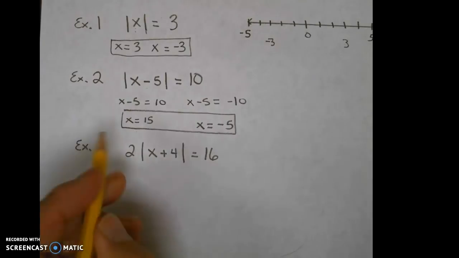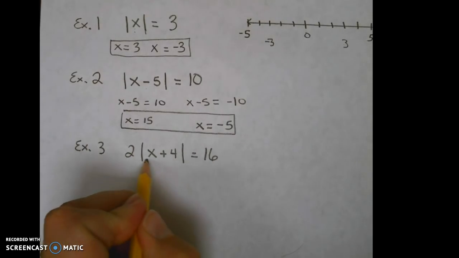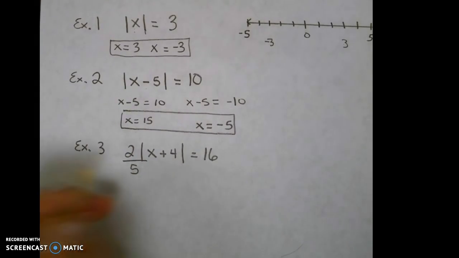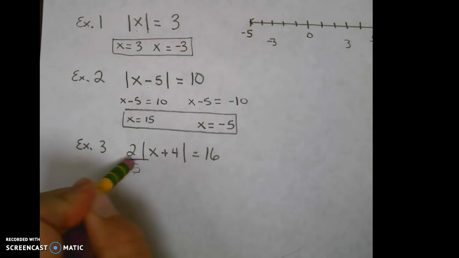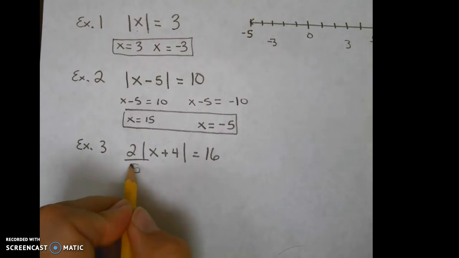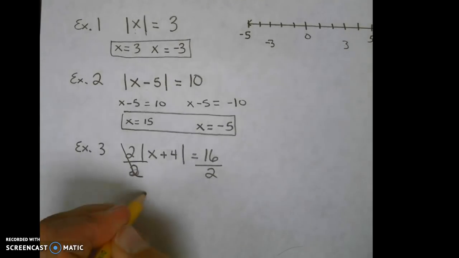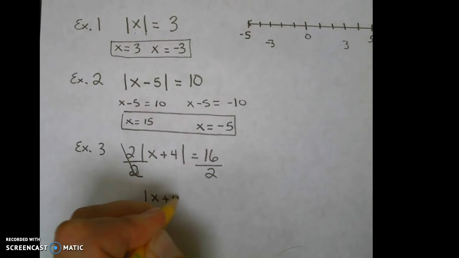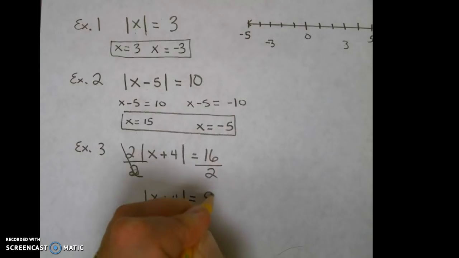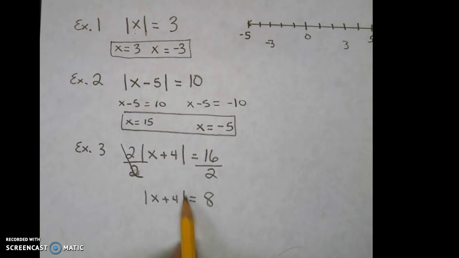So we first have to get rid of the 2. We're going to undo multiplication with division. Clean it up a little bit, so that we have just an absolute value. Okay, now that we have just an absolute value, we can set up the 2 equations.